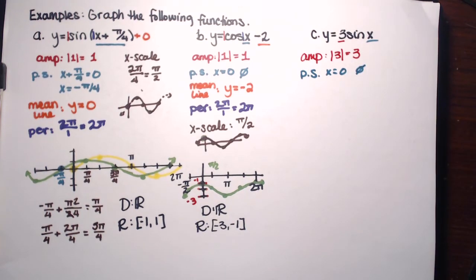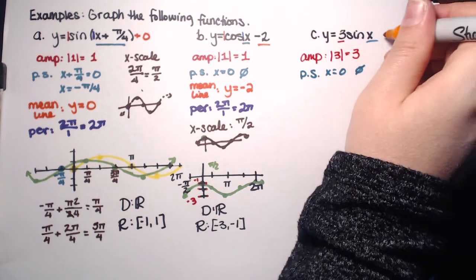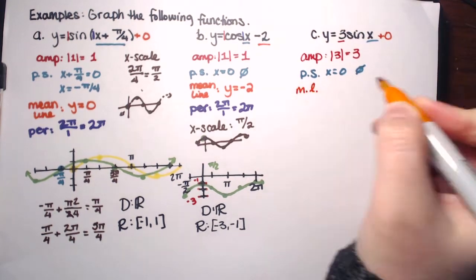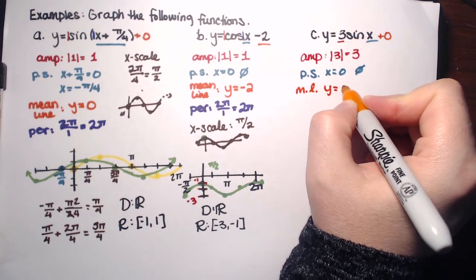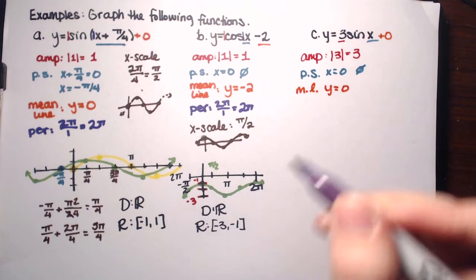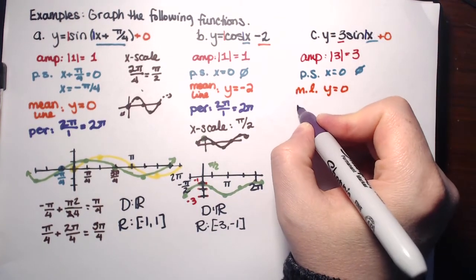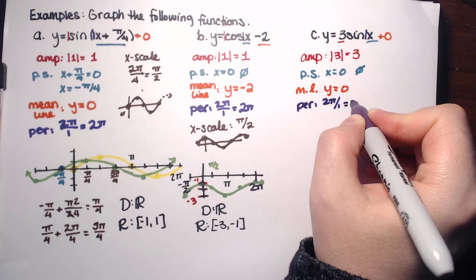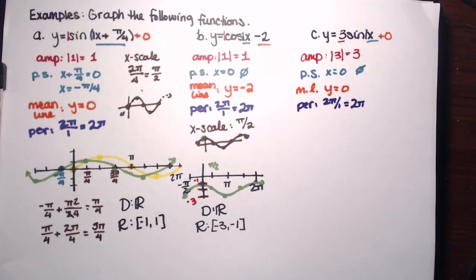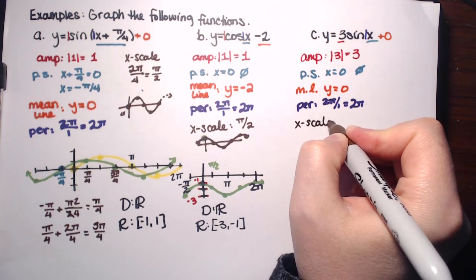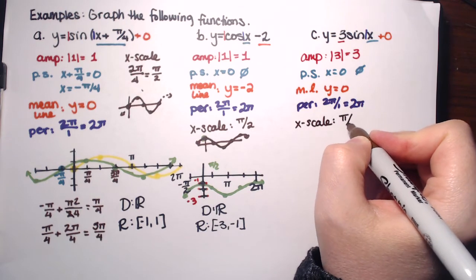Mean line, technically you could add +0 to this. And then the period, there's just a 1 in front of the x. So it's 2 pi divided by 1, which is just 2 pi. And that means our x scale is going to be the same. It's just that pi halves.